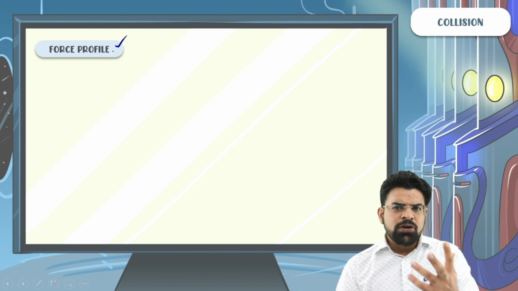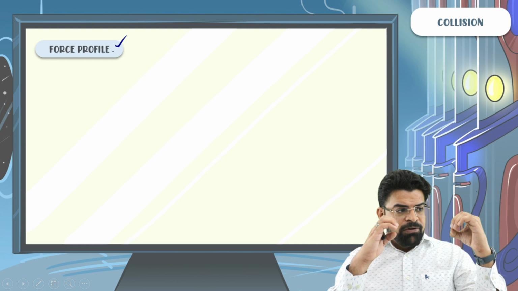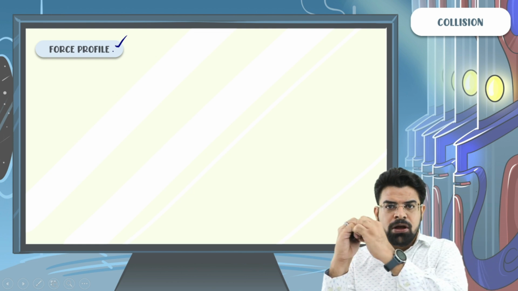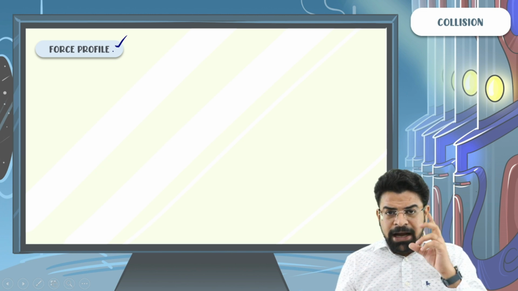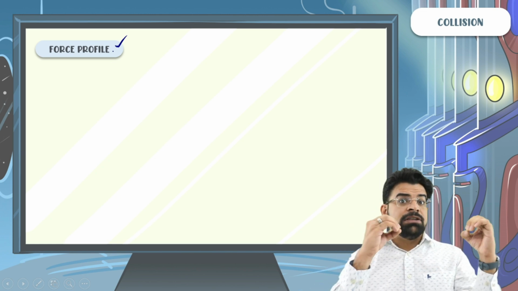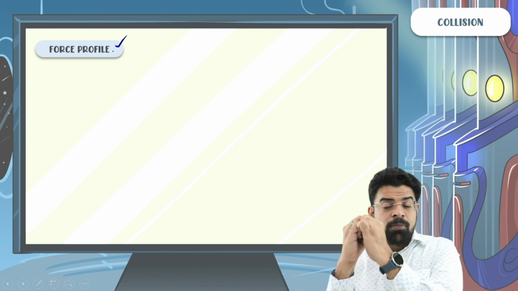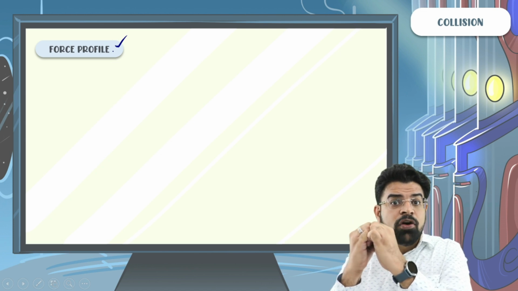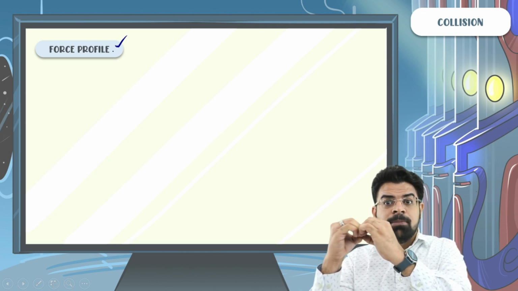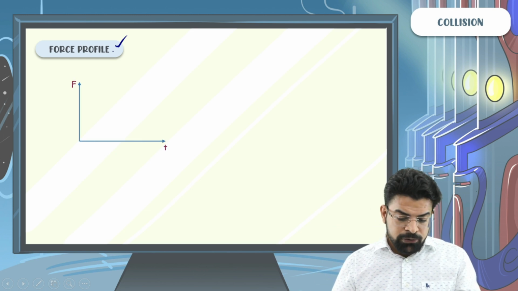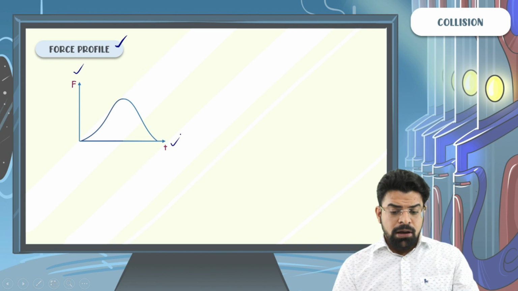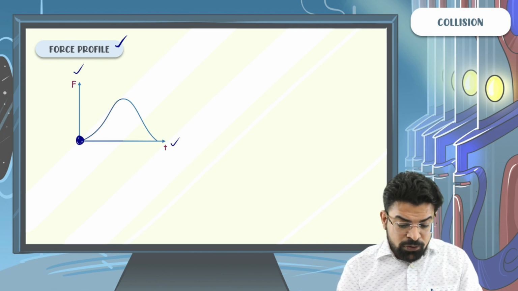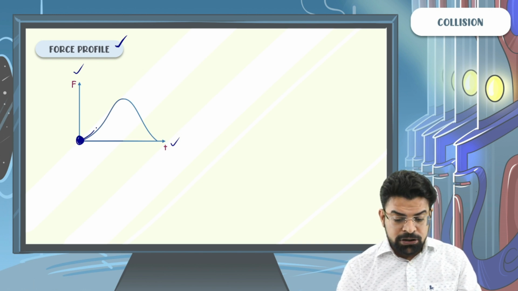So what is the meaning of force profile? When two bodies collide, how does the force applied by them on each other change with time? I said in the very beginning, first the bodies come into contact, then they deform. At the time of maximum deformation, the force is maximum and then the bodies reform. So if we think of the force versus time graph, first the bodies get into contact and then the bodies deform.